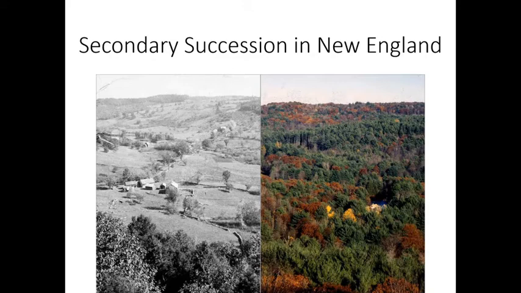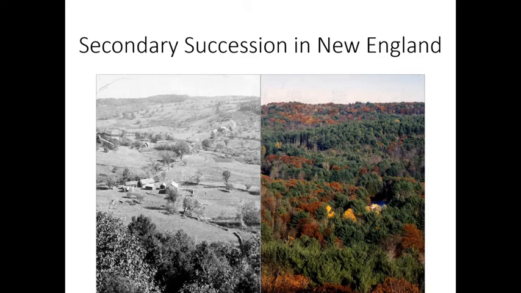Of course, the colonists quickly learned that rocky, nutrient-poor soil was awful to try to grow crops in, and so then they tried cattle. That also didn't stick very well, and so ultimately the agriculture in New England tapered off, and they let the forests grow back.